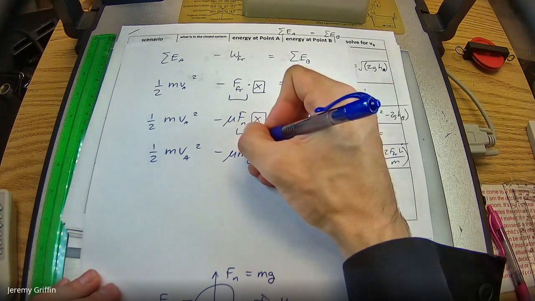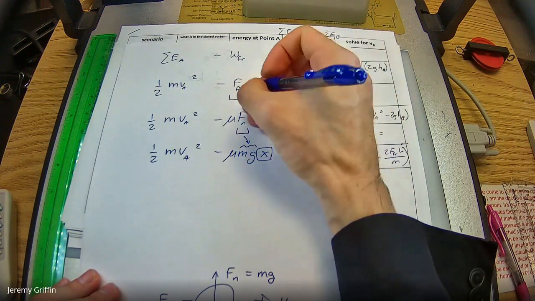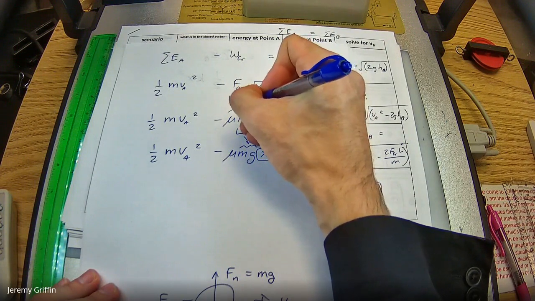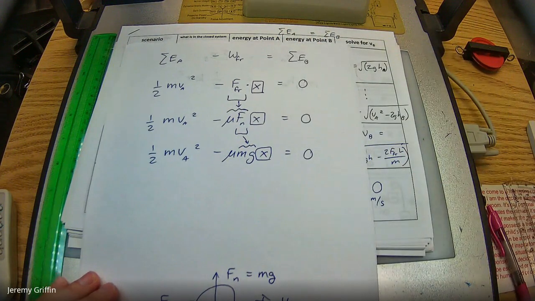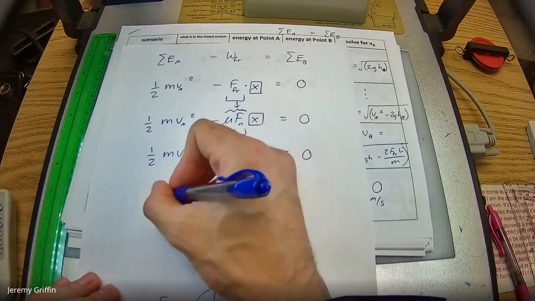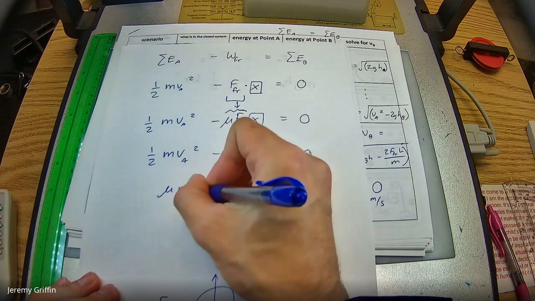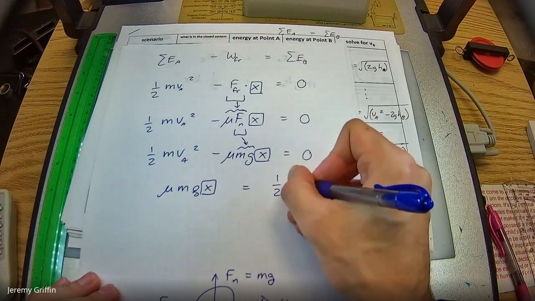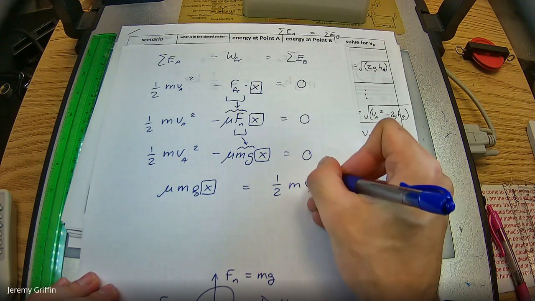So that just became that part right there. This became this whole part right here. Is that right? Okay. Now let's go solve for x. Right, so maybe add this term over. Mu m g x equals 1/2 m v_a squared. Like that.